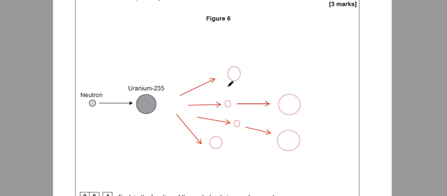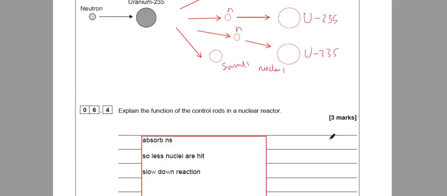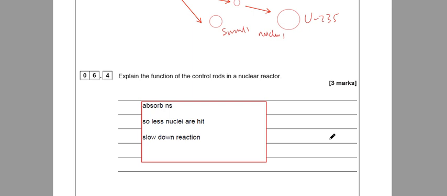After hitting, it will be two smaller nuclei plus neutrons, and the neutrons will hit other uranium 235. This is what we mean by chain reaction.